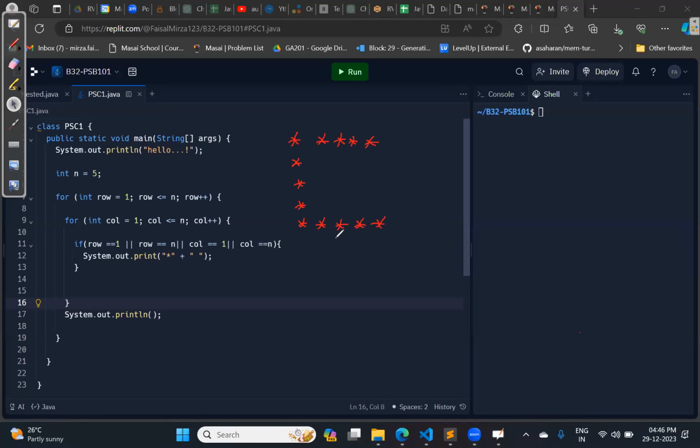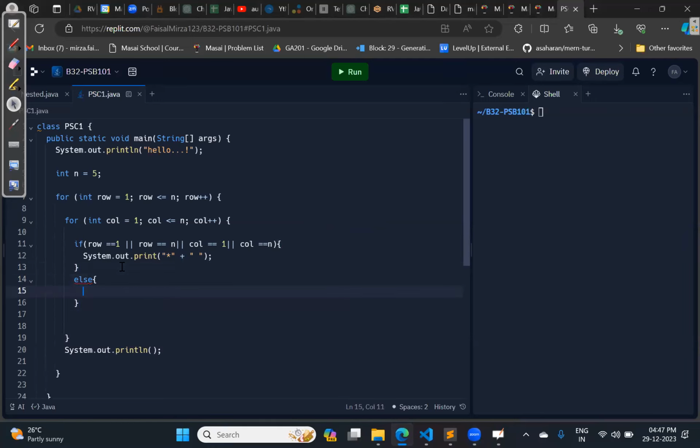What can I do? Or what condition do I need to remove from this C? And we need to add the condition for spaces as well. Yes or no? For all the remaining conditions, just add space.